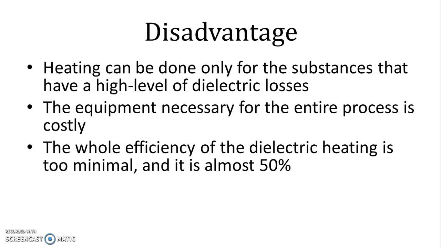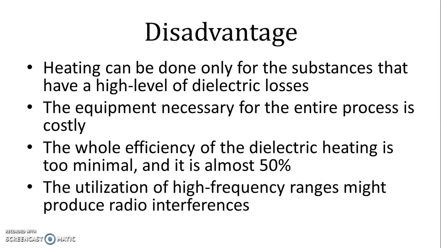The overall efficiency of dielectric heating is rather low, almost near 50%. The use of the high frequency range might produce radio interference. So these are some of the advantages as well as disadvantages of dielectric heating.